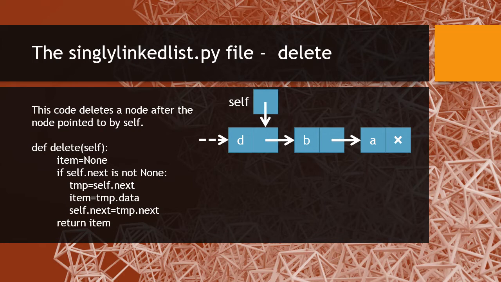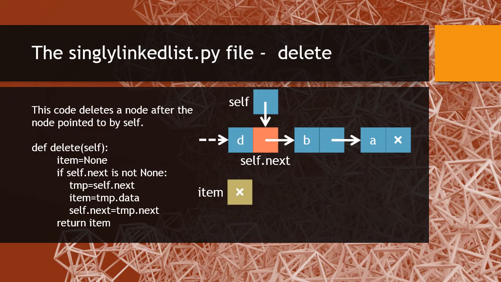First of all, item is None, and then we determine self.next, which is this, and then we execute the if comparison. If self.next is not None, the comparison is true. Then the line says tmp is self.next.